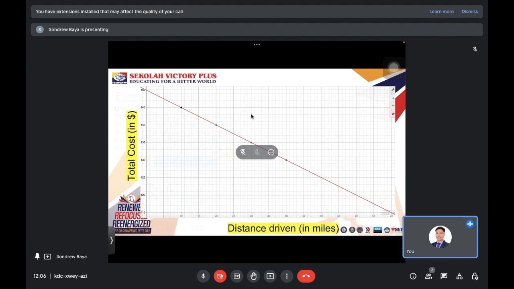Now, there were also cases wherein you got the correct shape of the graph, but then the intervals here are wrong. So here, if you started with an interval of 5 in the x, it should be consistent. So 5, 10, 15, 20. You cannot jump to 10, for example, without passing through 5.